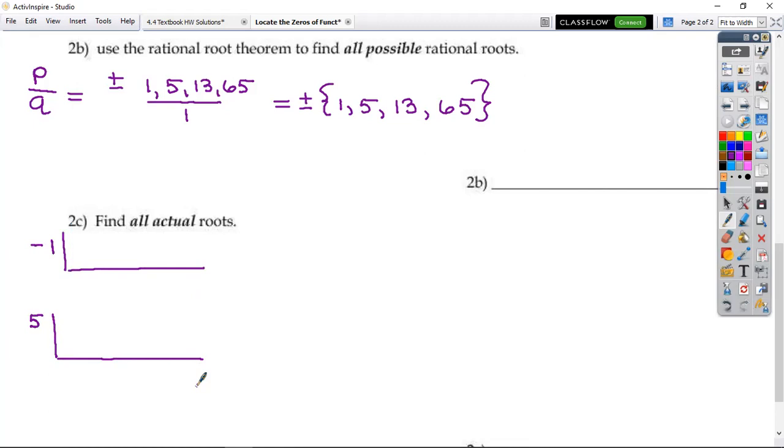All right, so now we're going to start dividing this. So the -1 here. I'm going to go, coefficients were 1, and then -8, and then 24, and then -32, and then -65. So for the sake of time, I'm going to change this question. Instead of all actual roots, let's just find your rational, and then you can stop.